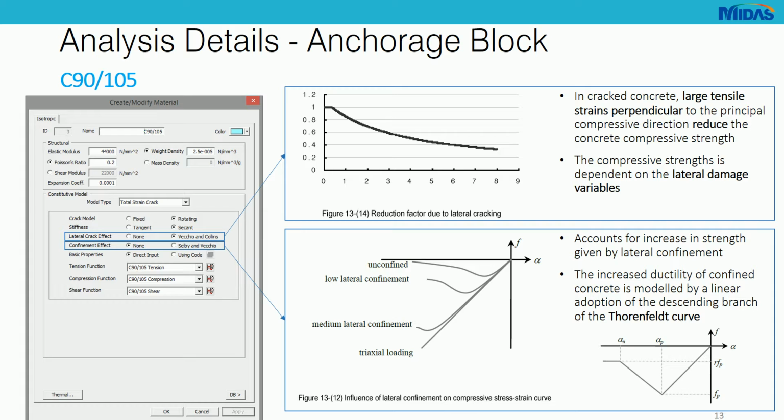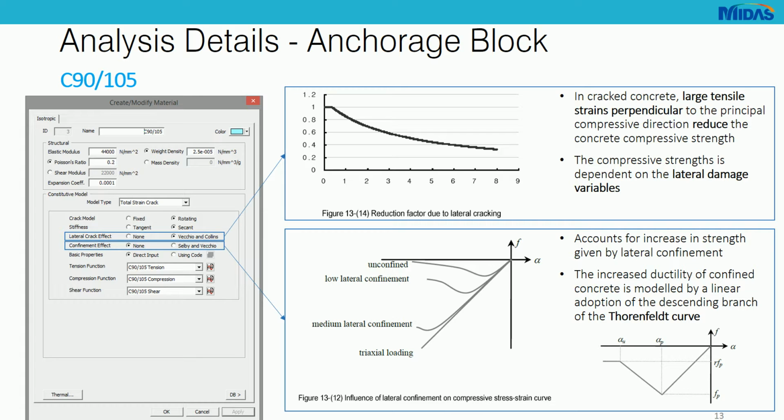Also, we can consider the effect of lateral cracking. So what this does is, because of the tensile stresses perpendicular to the direction of the main compressive strain, the compressive strength of the concrete will be decreased, depending on the so-called lateral damage variables, and this can be considered in the model by considering Vecchio and Collins.